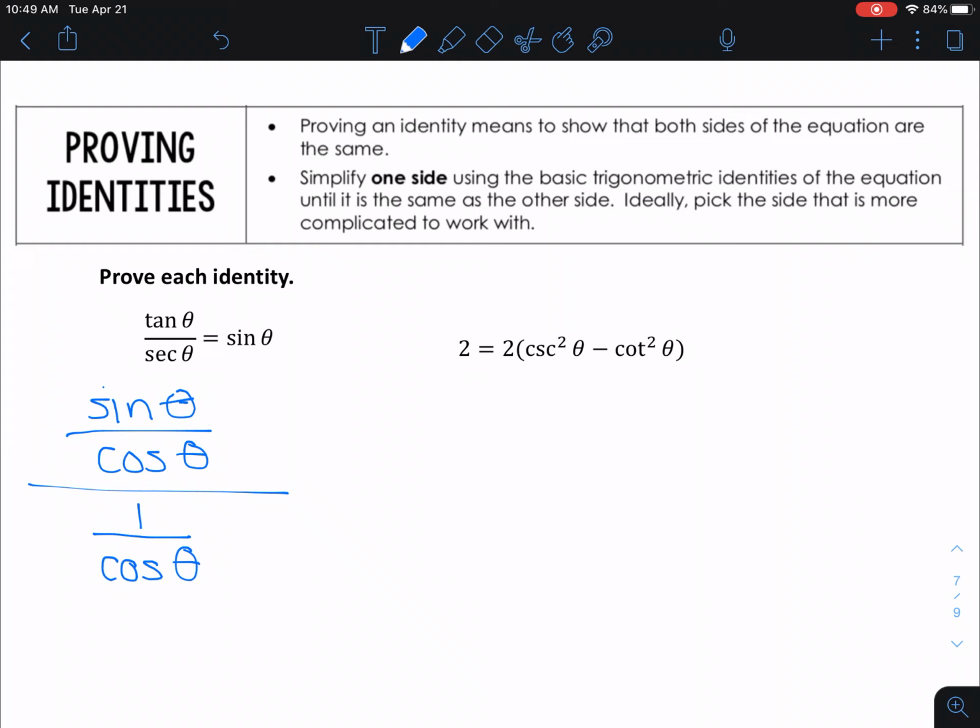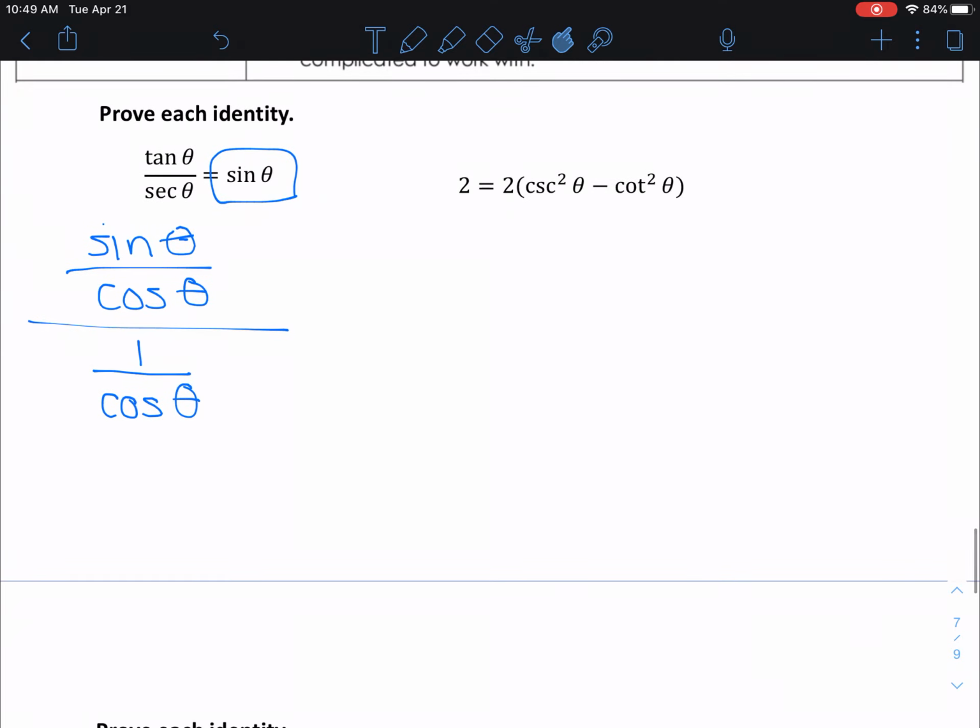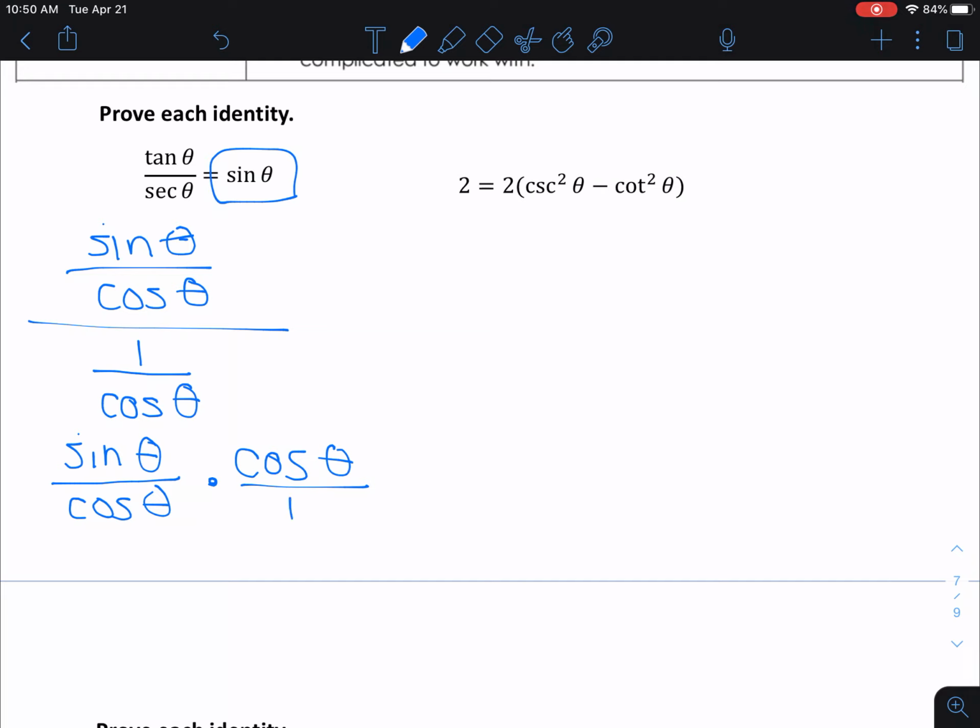So now I have this, and again I want it to equal sine of theta. So what can I do to keep navigating through this? First of all, sine of theta divided by cosine theta is divided by 1 over cosine theta. In other words, that's the same as multiplying by the reciprocal, cosine theta over 1.